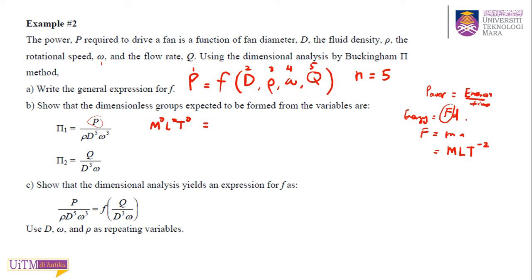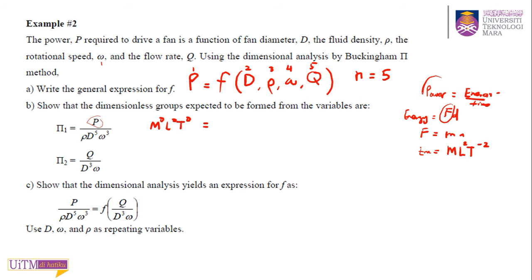And D is L. If you times another L it will be L squared. So for energy, it is M L squared T to the power minus 2. So that's for energy.